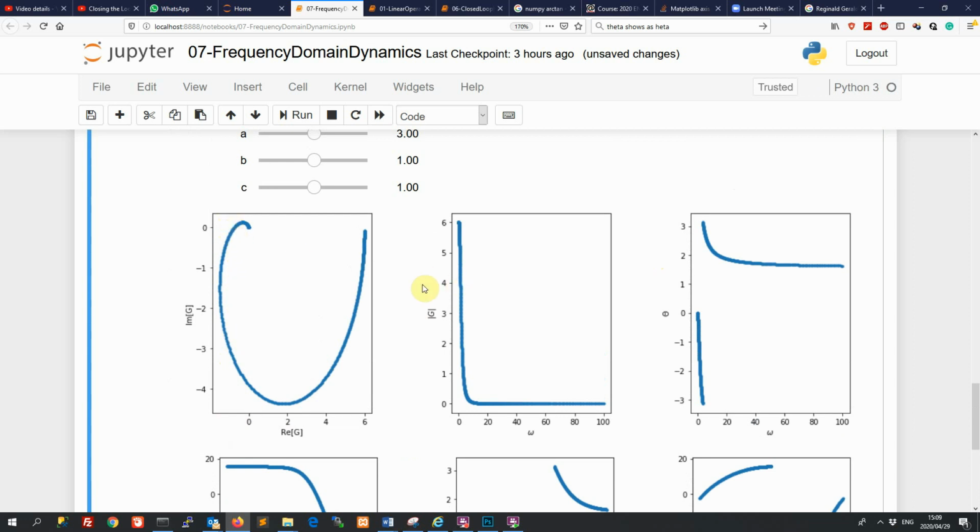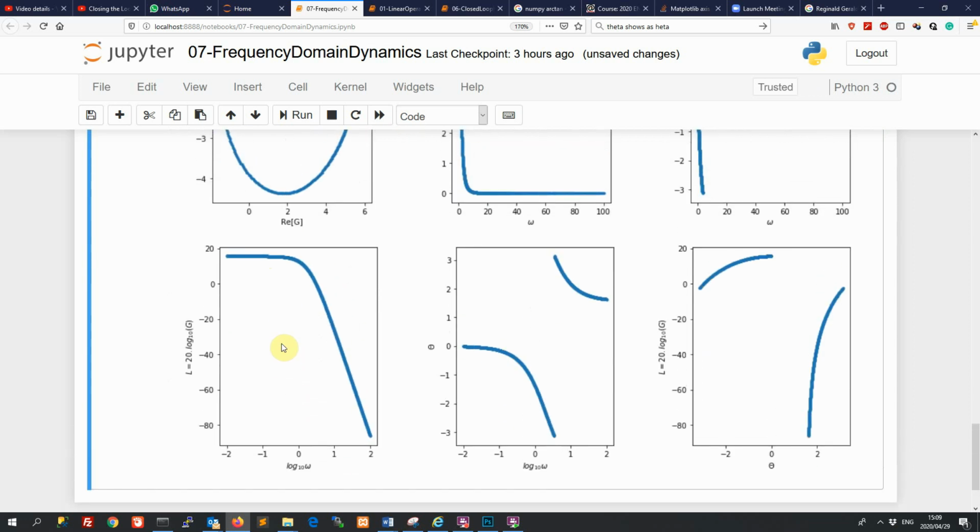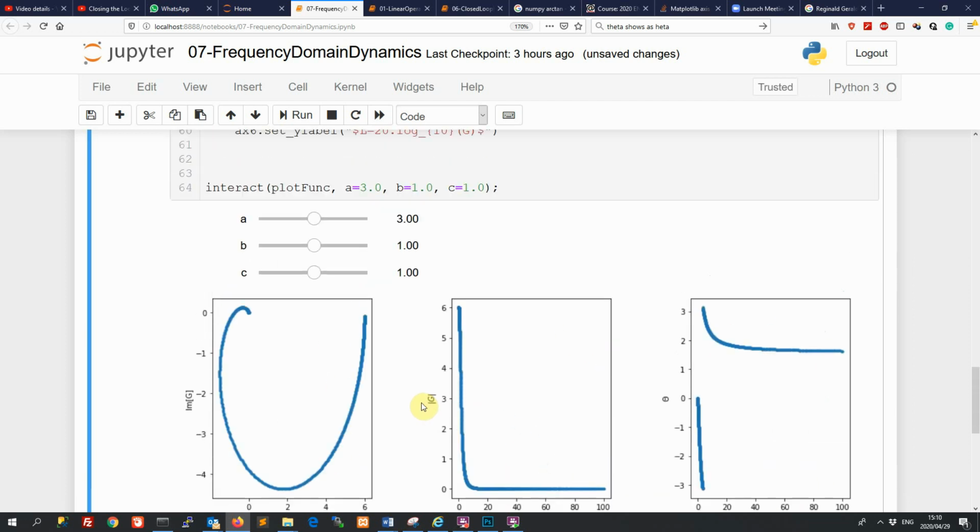In fact, instead of poking around on this graph, let's rather look here. -1 is at the point of 0, at a frequency in this range. If we look at our angle graph in this range, it is close to -pi. So definitely we are getting close to that -1, 0 point.